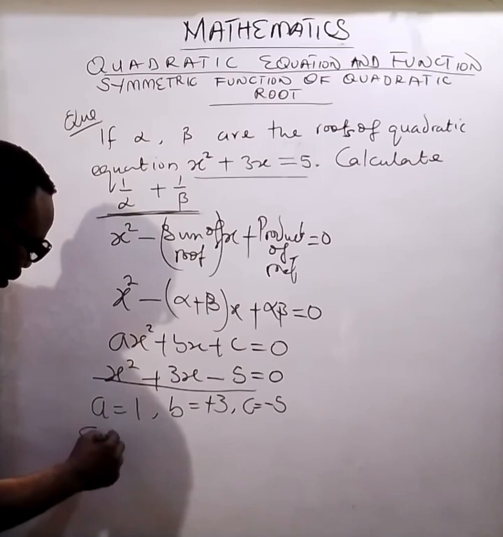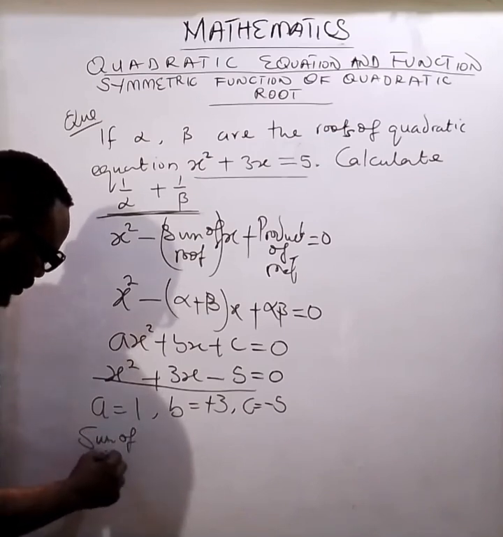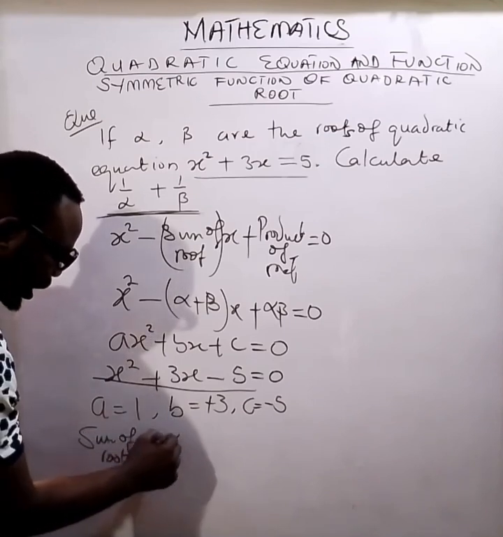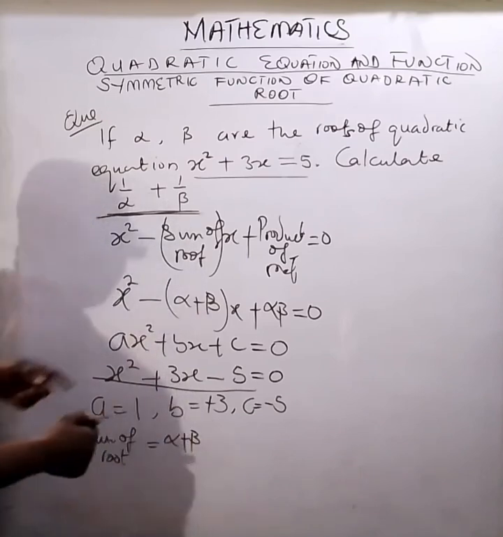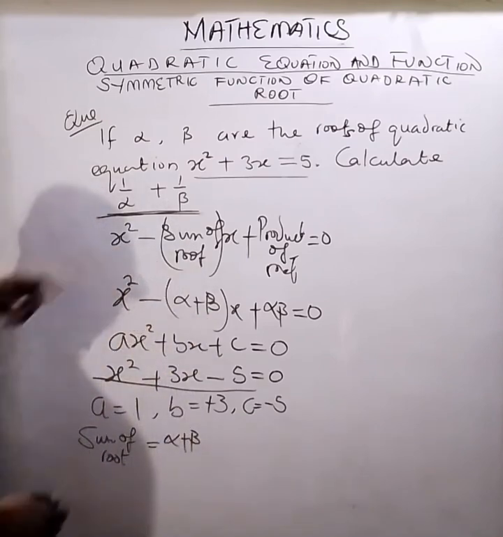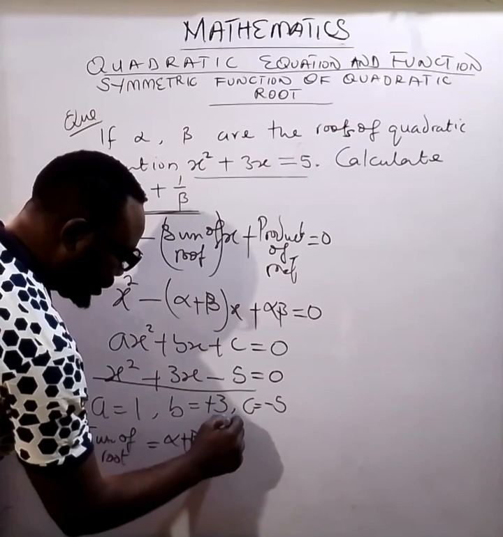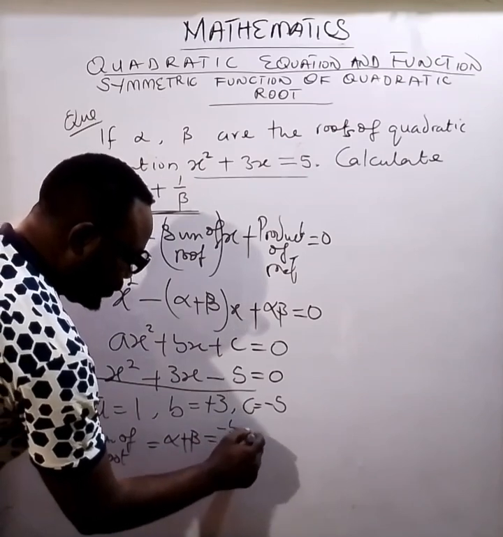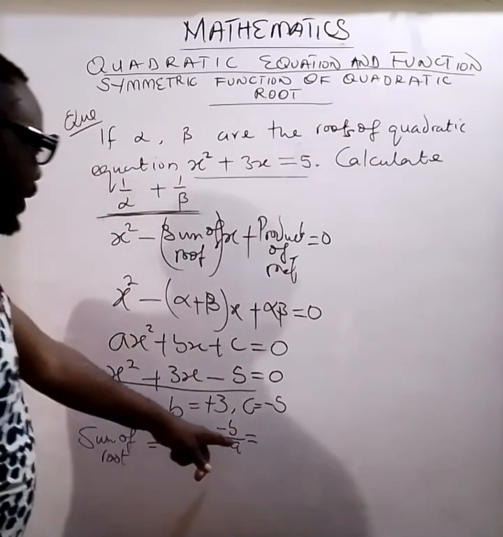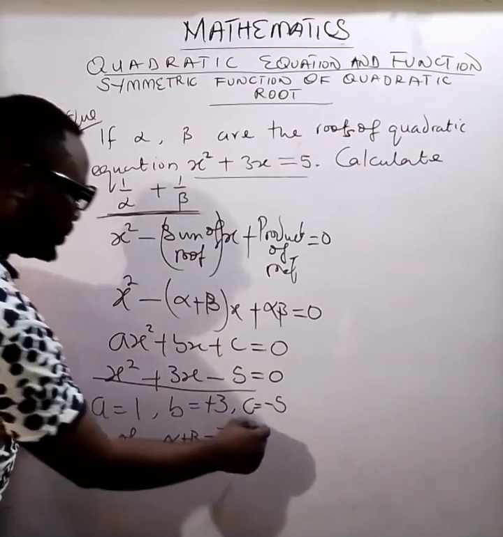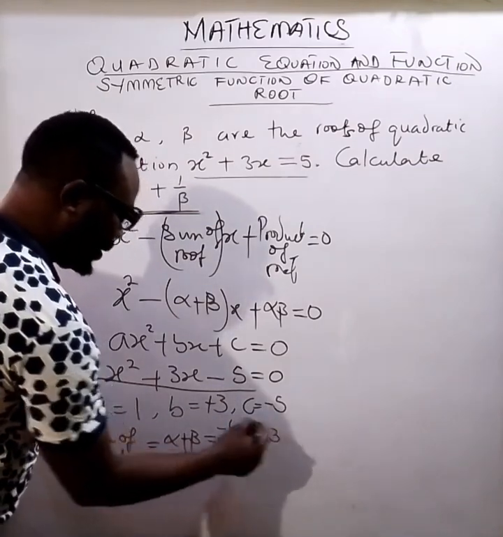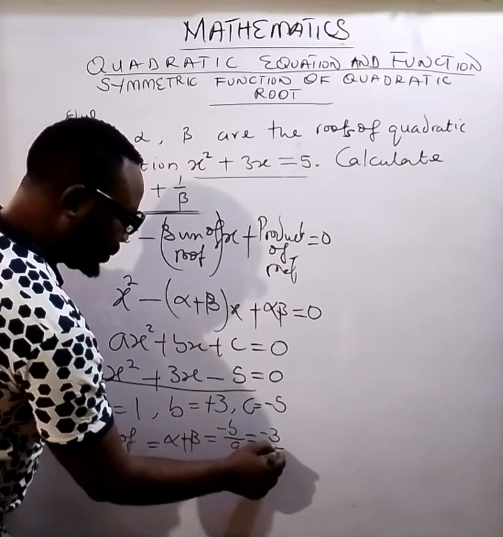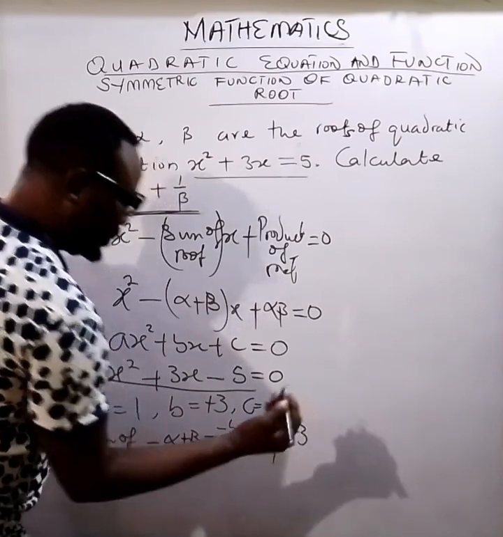Sum of roots is equal to alpha plus beta, which is equal to minus b over a. The value of b is 3, so minus 3 over 1 is equal to minus 3.